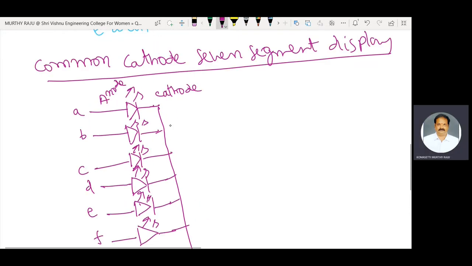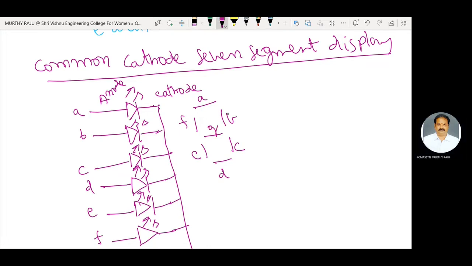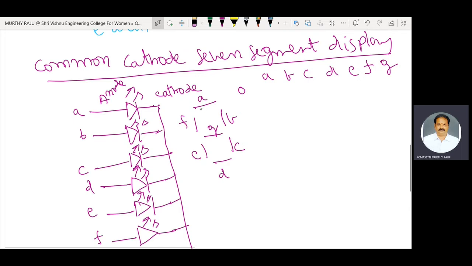This is the 7-segment display arranged in the shape of the 8th number: A, B, C, D, E, F, and G. For 0, this LED is on, which means A is connected to VCC, and the anode of this first LED is connected to VCC.